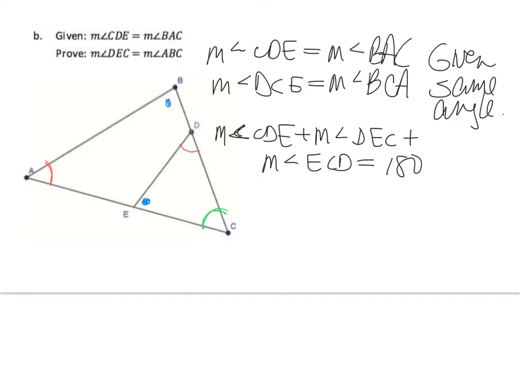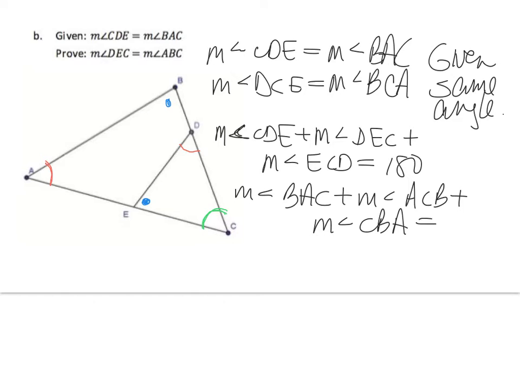Now let's do the other triangle, the big one. Measure of angle BAC plus the measure of angle ACB plus the measure of angle CBA is equal to 180 degrees. Okay, this is what we're trying to get to, right?